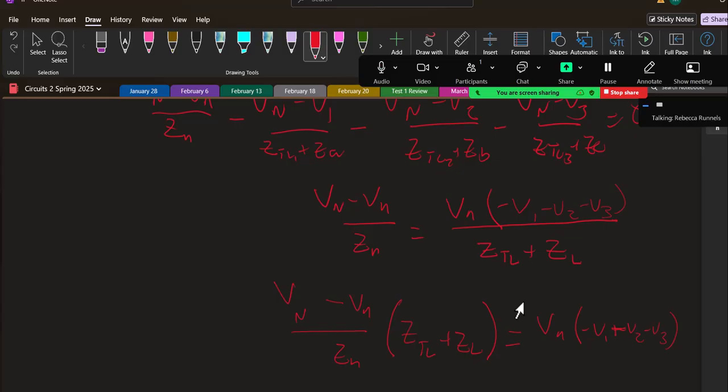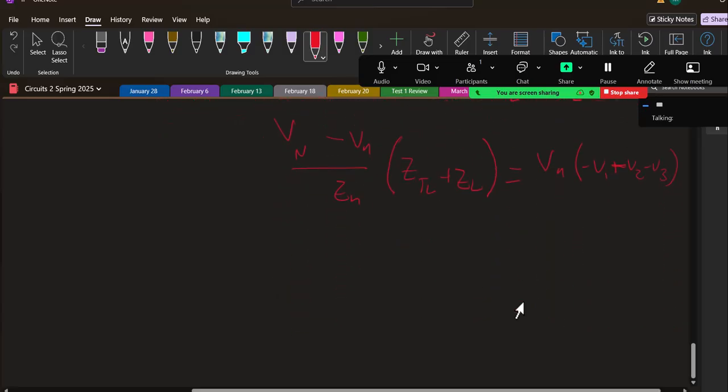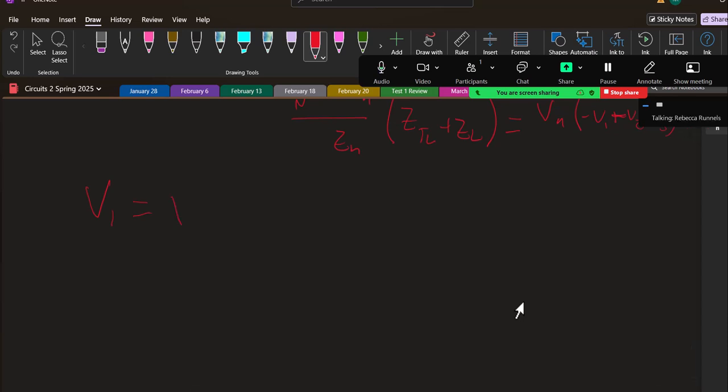All right, now, if I have V1 equals capital V angle 0 and V2 equals capital V angle minus 120 and V3 equals capital V angle 240.